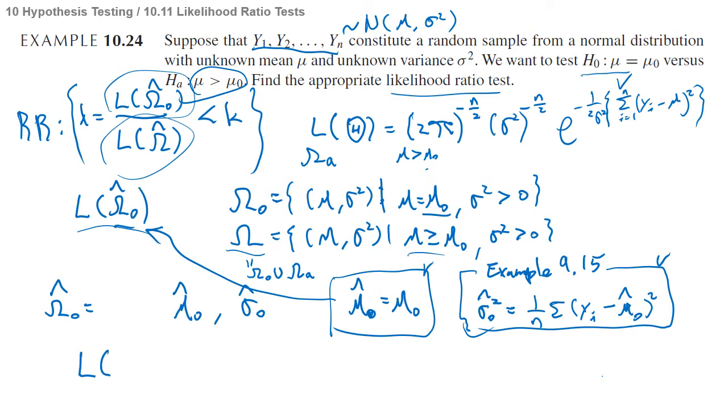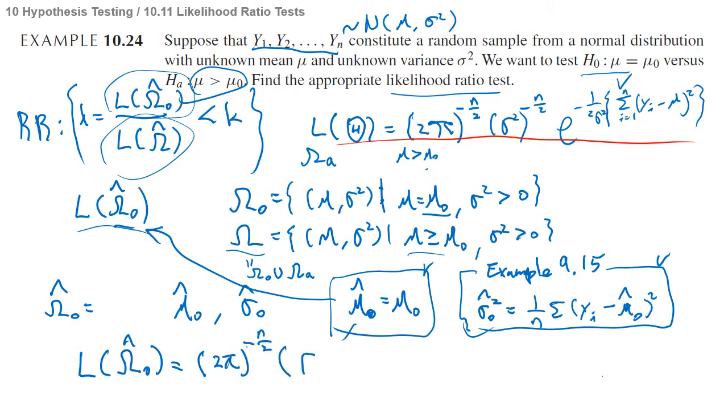So L(omega 0 hat) is, putting these in, (2 pi) to the minus n over 2, sigma 0 hat to the minus n over 2, times e to the minus 1 over 2 sigma 0 square hat, and here is the sum of i equals 1 to n of (yi minus mu 0 hat) squared.